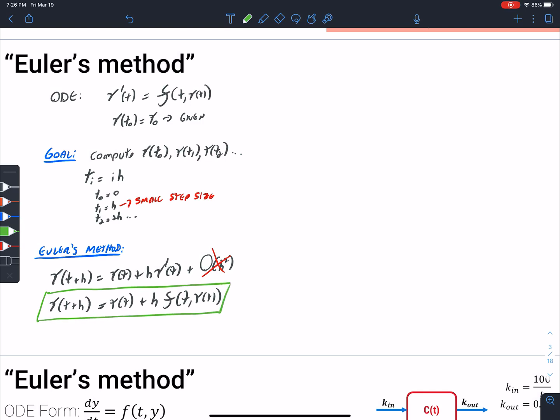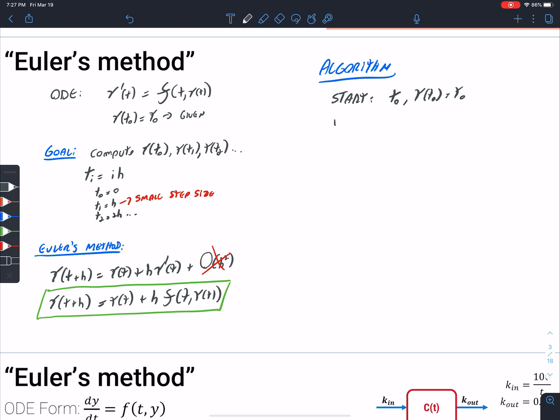This is Euler's method. That's all we need to remember for now about Euler's method. So with this formula in mind, let's look at this algorithm. Start, step 0: start from the given values that you have, t0 and y of t0, which we call y naught. And then step 1: compute t1, which is going to be 1 times h in this case, and then compute y of t1.